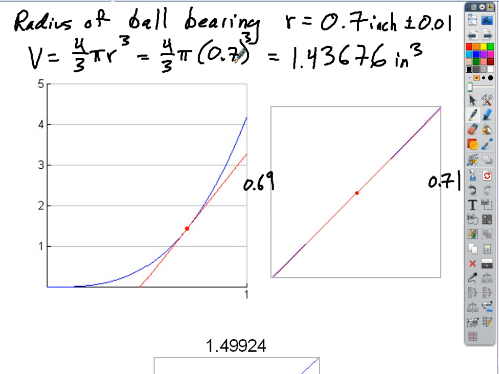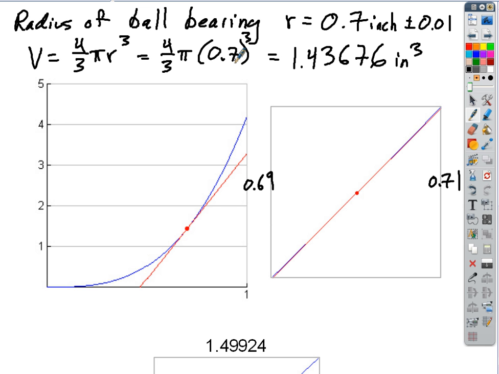Okay, that's a little bit clumsy to do, though. If the calculation is a big one, having to perform the calculation twice around the original calculation is a little bit clumsy. We don't like to have to do that. We'd like to be able to just say, roughly, fairly accurately, how far plus or minus the volume is going to be off. Let me ask you this: I won't even take the time to do it, but I want you to make a prediction for me.